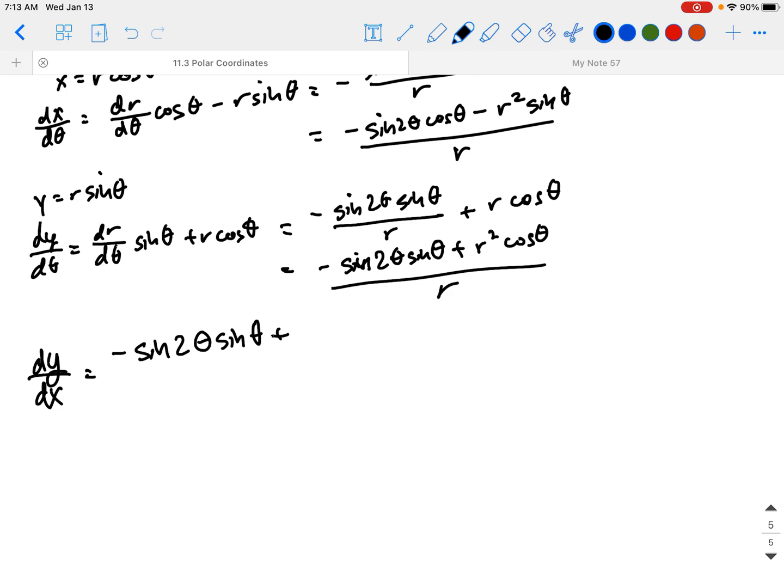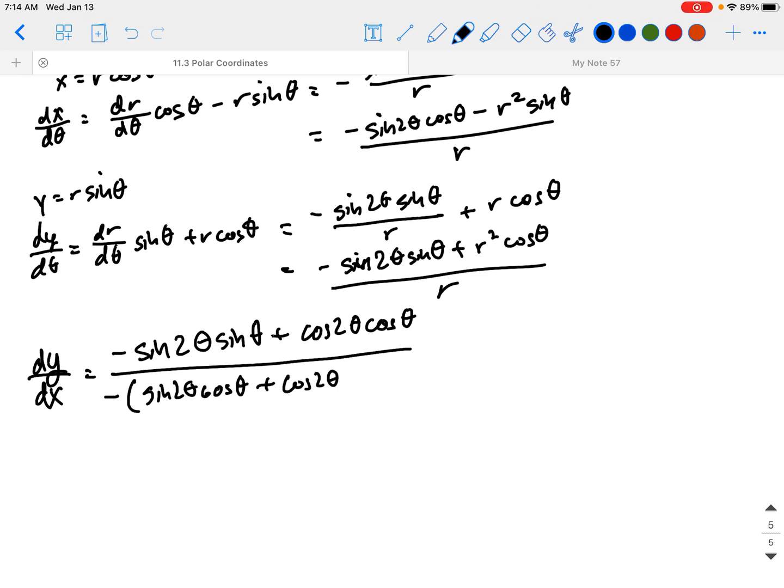But I'm going to substitute in the r squared term. So r squared cosine theta becomes cosine 2 theta cosine theta all over, and then my denominator is going to be factoring out a negative 1. We'll have sine 2 theta cosine theta plus cosine 2 theta sine theta.